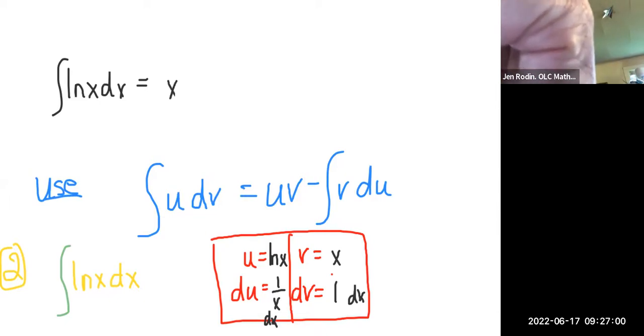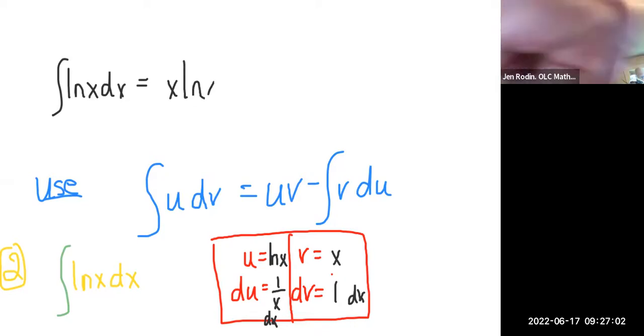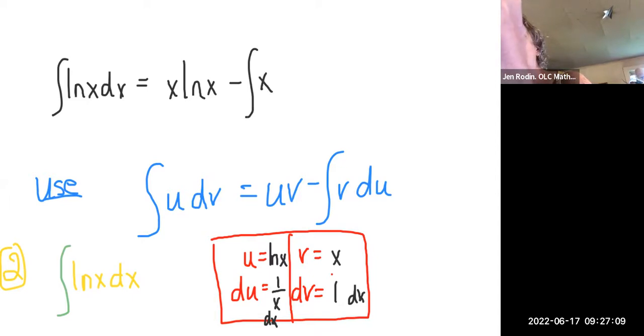Here's u times v in the right order that we usually write them. Minus the integral of v times du. If you're ever doing these tired, it's easy to forget and put them in the wrong place. And then we can simplify that x times 1 over x. So I'm going to just erase that and put the x times 1 over x equals just 1.